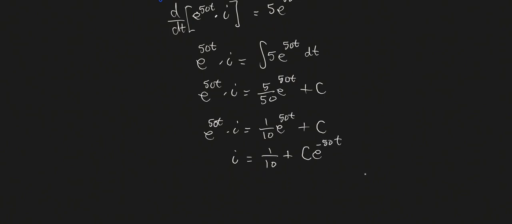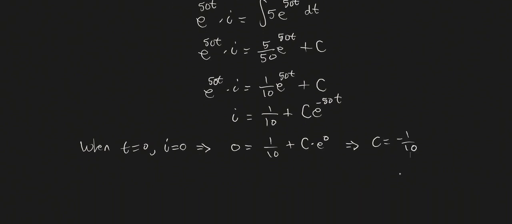So this is our general current function, but we know that when t is equal to 0, I is equal to 0, because the condition said that there was no current initially. So we have 0 equals 1/10 plus c times e to the 0. So c would have to be negative 1/10.